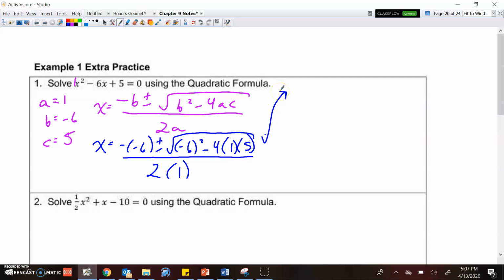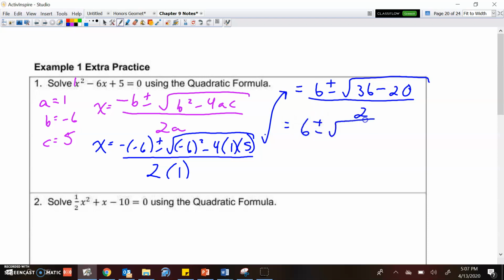All right, simplify everything we can. -6 is +6, plus or minus, I'm going to get 36, there's -6 squared, minus 20, all over 2 times 1 is 2. All right, so now I have 6 plus or minus, 36 minus 20 is 16, all over 2. I'm going to take the square root of 16, so 6 plus or minus 4 over 2.